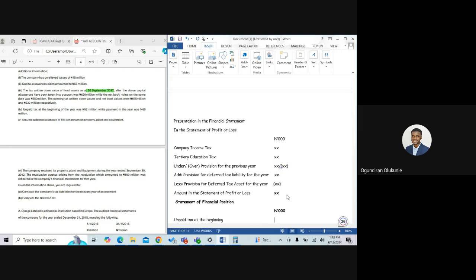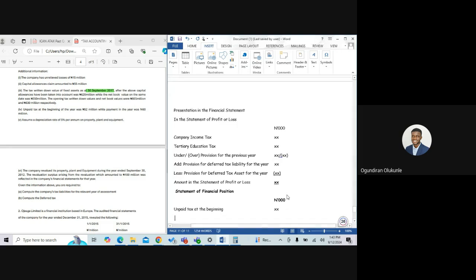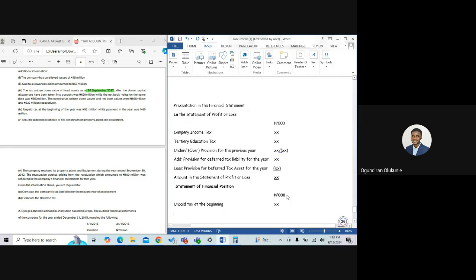How much is that? So you have an amount, right? Then you add provision for CIT, provision for TET, right?